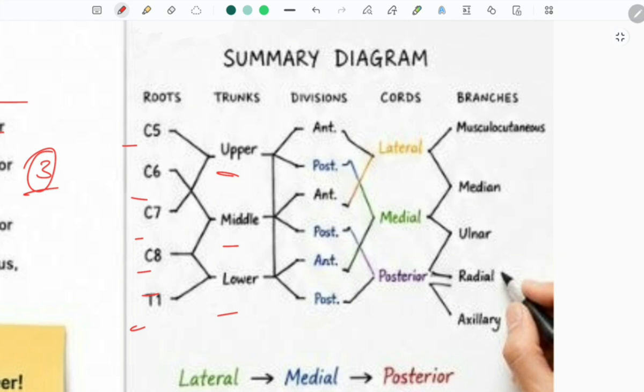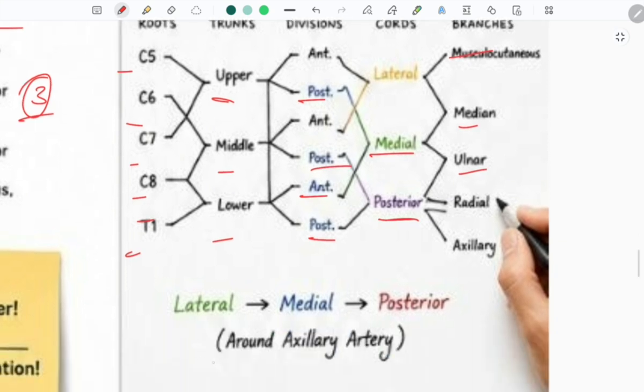The anterior divisions of the upper and middle trunks combine as the lateral cord, the anterior of the lower trunk forms the medial cord, and the 3 posteriors form the posterior cord. From the lateral cord come the musculocutaneous and median nerves, from the medial the ulnar, and from the posterior the radial and axillary. So the cords are lateral, medial and posterior around the axillary artery.